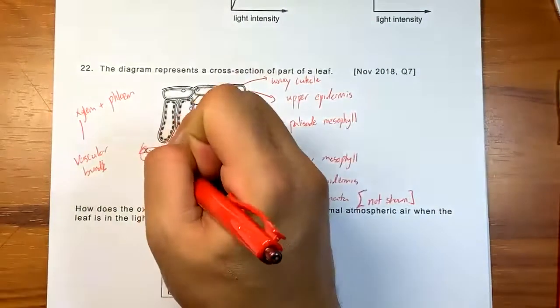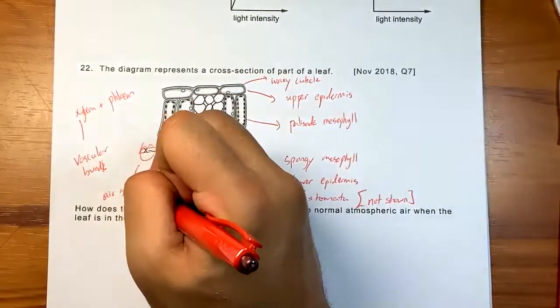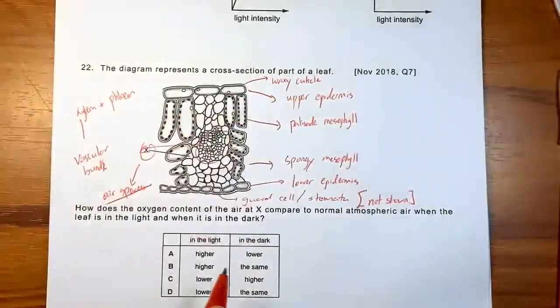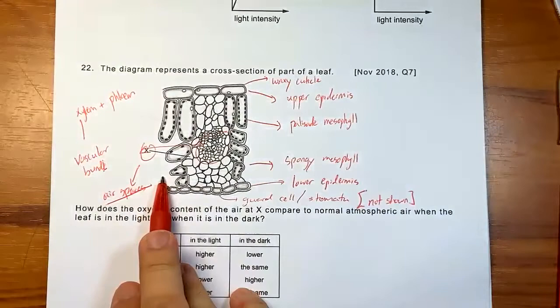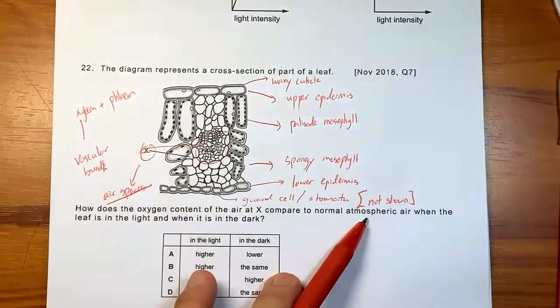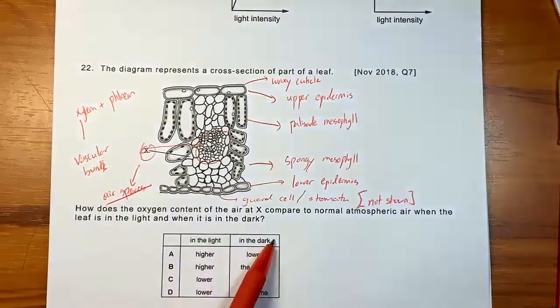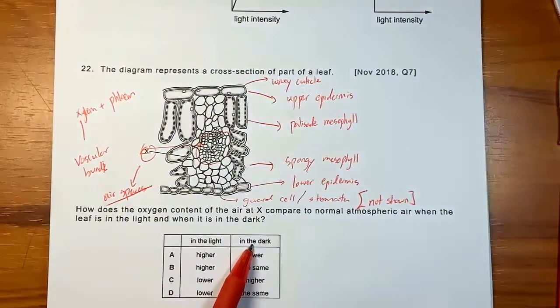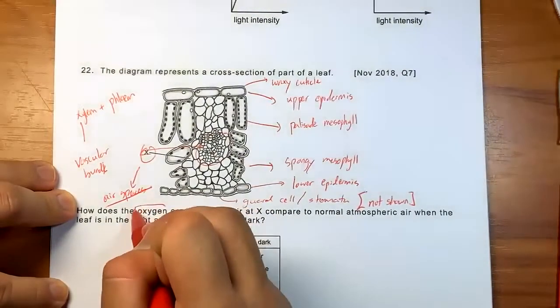Okay, so how does the intercellular airspace differ from the atmospheric air from the outside when it is in the light and when it is in the dark, right? So we want to know the oxygen content.